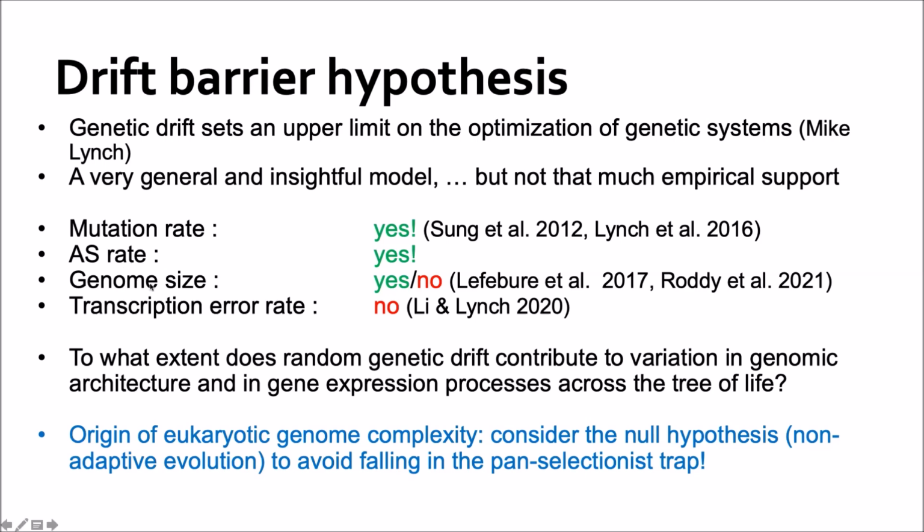For genome size, it's not so clear. There are some studies that say yes and others that say no. And for the transcription error rate, it does not fit with the prediction of the drift barrier hypothesis. So I think it's an interesting question to investigate to what extent random genetic drift contributes to variation in genomic architecture and in gene expression across the tree of life.